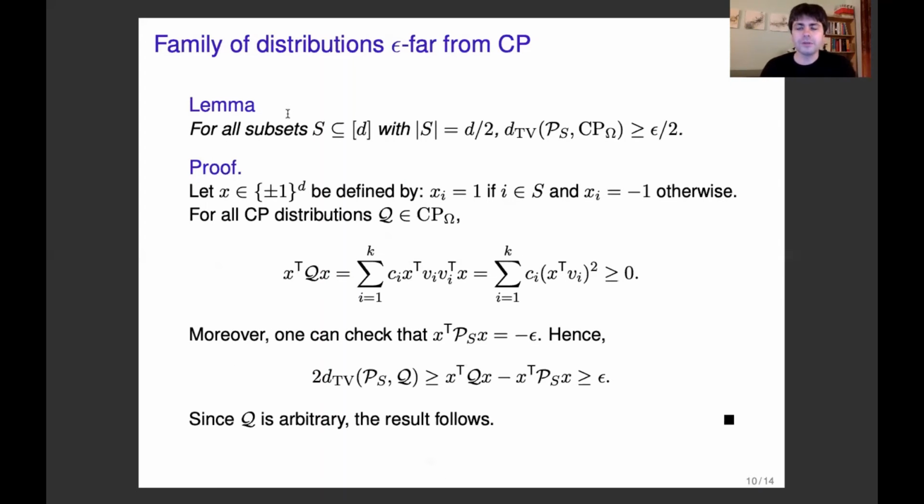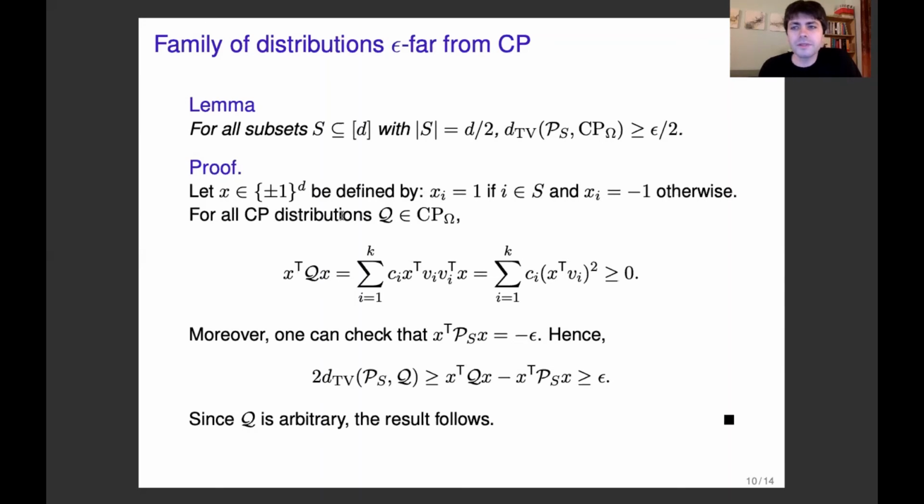So now we have to show that each of these probability distributions P_S satisfies the property that it is epsilon far from all the CP distributions on Omega. And the proof goes as follows. We let x be a d-dimensional vector with +1 and -1 entries, defined as follows: x_i is equal to 1 if i is in S, and x_i is equal to -1 otherwise.